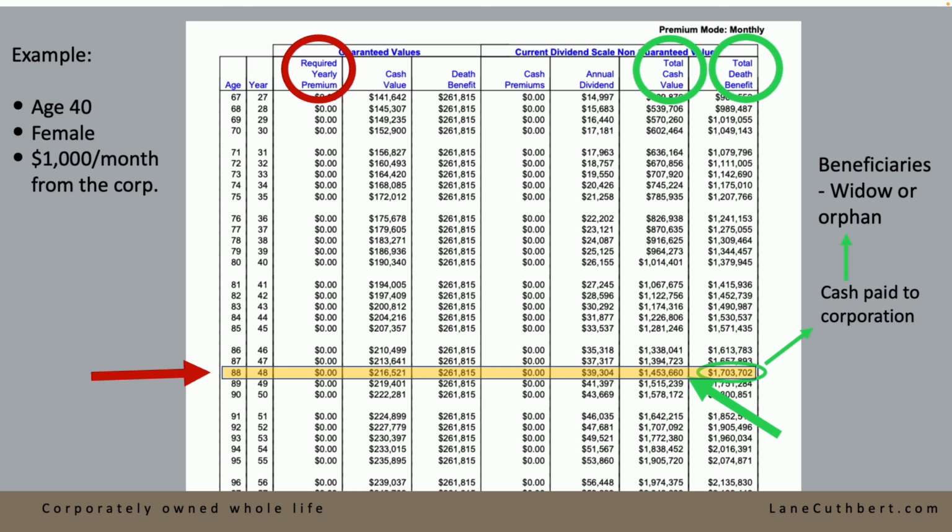The reason that we did that is because when the proceeds of life insurance get paid out to a widow or an orphan, the corporation receives a credit in their CDA account equal to the death benefit amount. That means the beneficiaries could then liquidate assets and withdraw retained earnings from the corporation up to the credit maximum of $1.7 million.